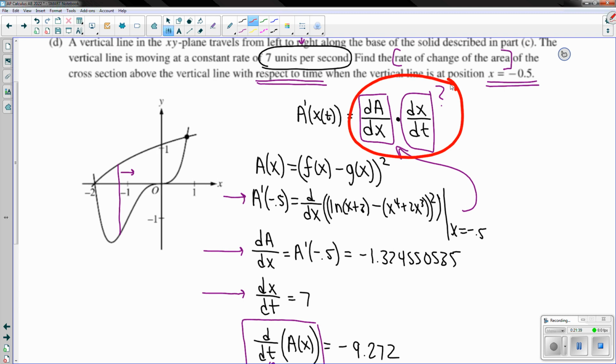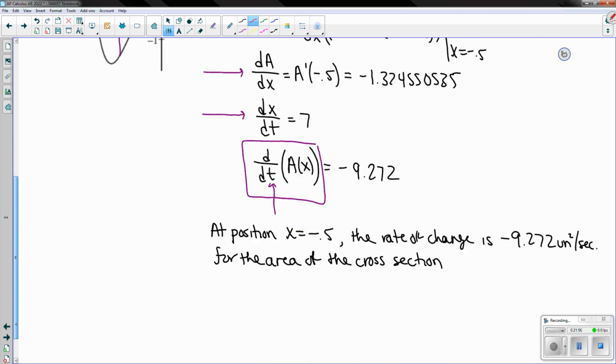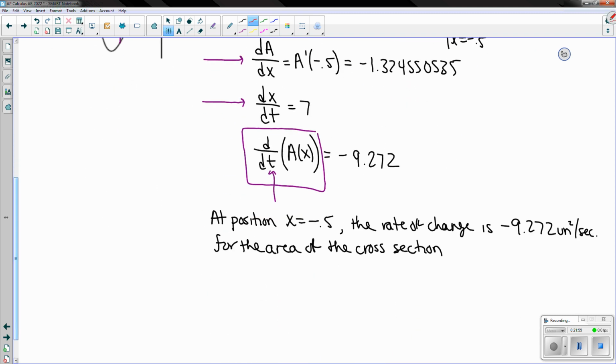So if you redefine that input x as a function of time itself, like we did initially here, that can help you recognize that a chain rule is needed by making the composition obvious. So we get a point for that recognition and showing that that's what we need to do, and then we also get a point for our answer. So a 2-point question here where the answer is stating that at that specific position, right?